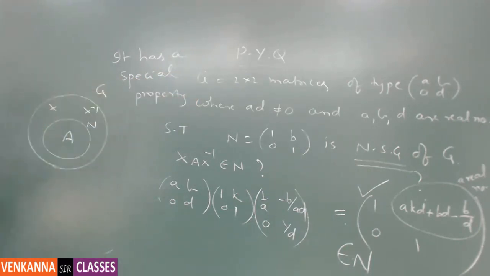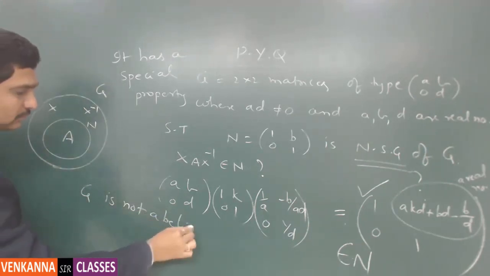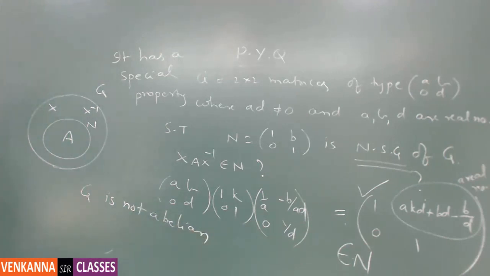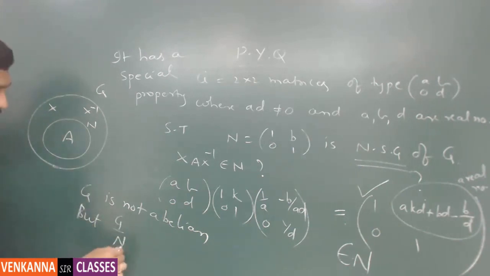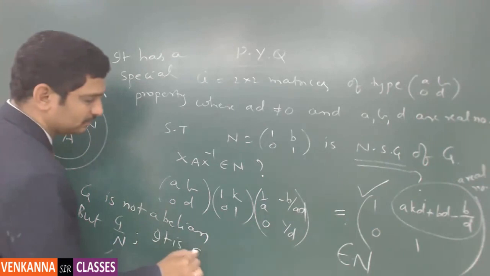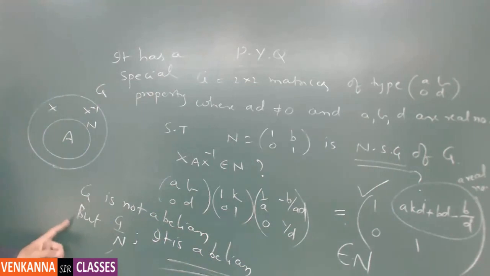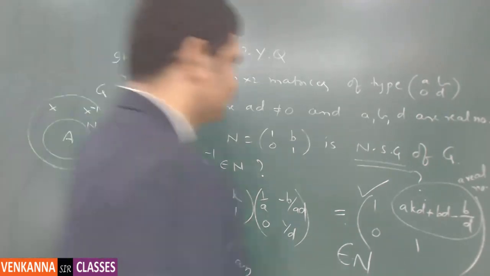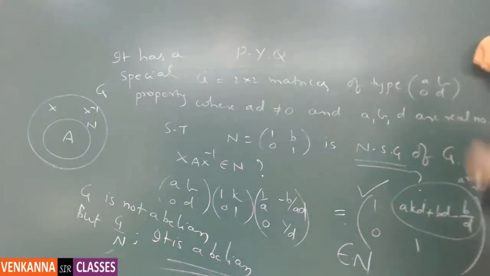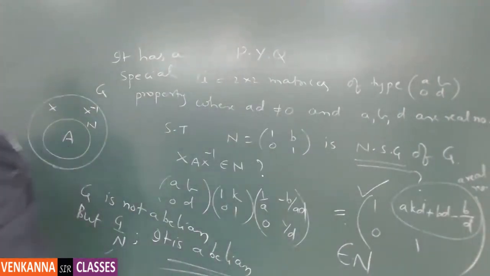The property here is, G is not abelian. But if you consider G by N, it is abelian. So G is not abelian, but G by N is abelian. So let us prove that part. Please take a note of this. After noting, please tell. I will give the clarity.